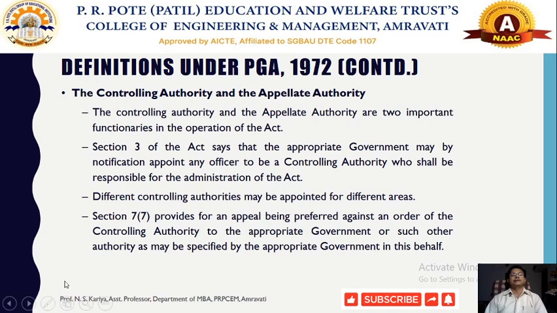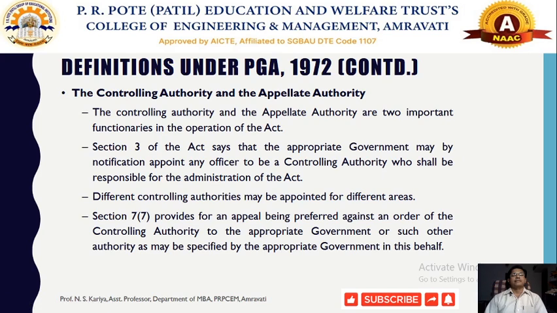Under section 3 of this act, the appropriate government has notified them in the official gazette. The controlling authority will be responsible for the administration of the act. So the complete administration of the Payment of Gratuity Act will be under the control of the controlling authority, who will look after each and every aspect of this act.